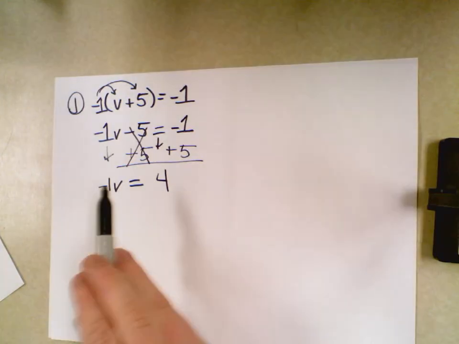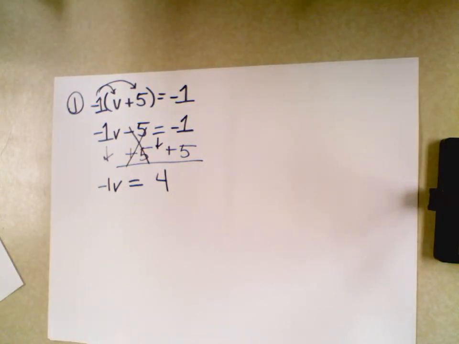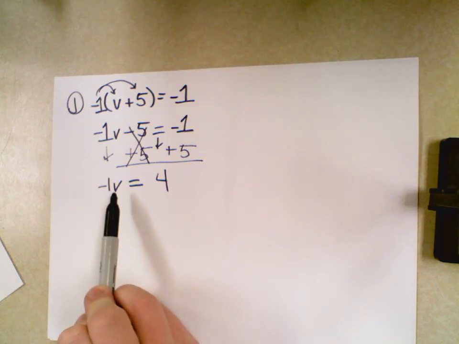Now I'm left with a one-step equation, and you guys know how to solve this. First question I'm going to ask myself is, am I adding, subtracting, multiplying, or dividing my variable? In this case, with the -1 next to a v, my variable is being multiplied.